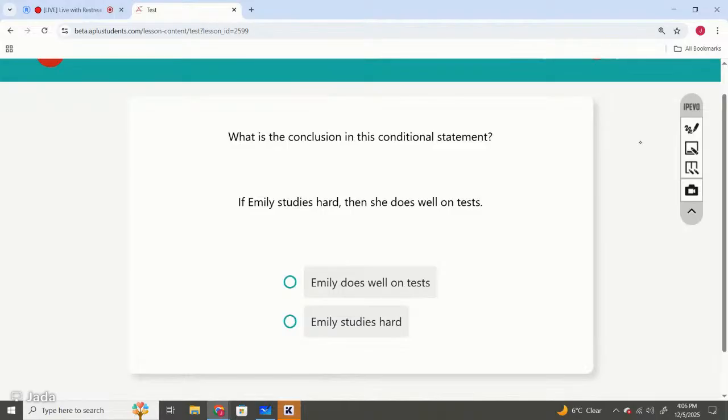What is the conclusion in the conditional statement? If Emily studies hard, then she does well on tests.